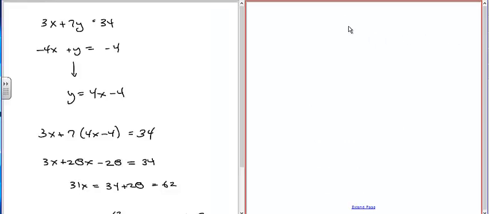Okay, the next method is using the matrix method. So I've got these two equations. What we're going to do first is write this as what we call an augmented matrix. It means we're augmenting these coefficients with these two coefficients.